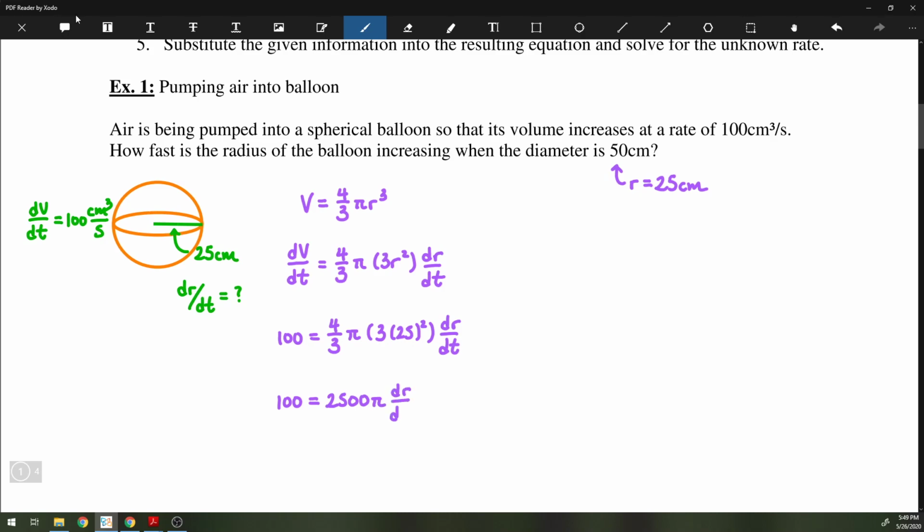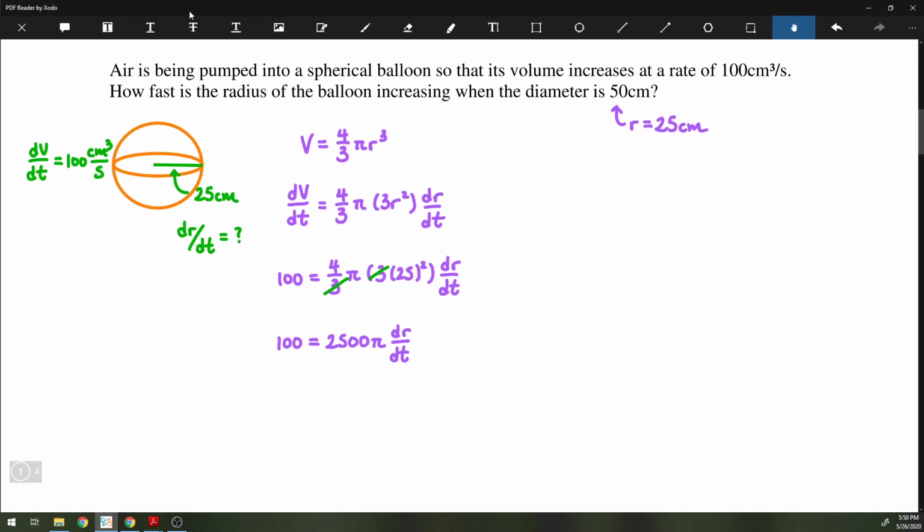Of course, the 3's will eliminate each other. Then simplify. Once we solve for dr/dt, the rate of change of the radius in terms of time, we'll get 1 over 25 pi.